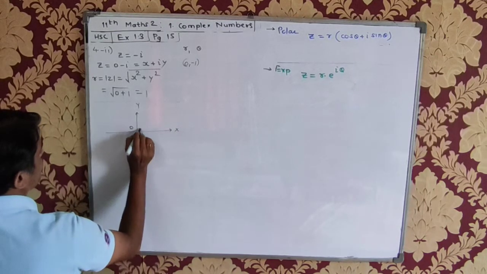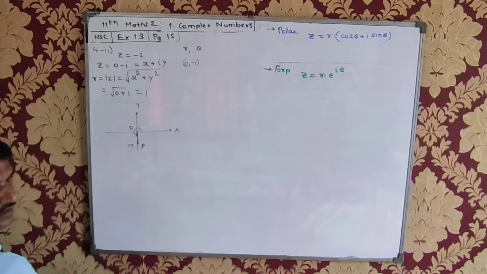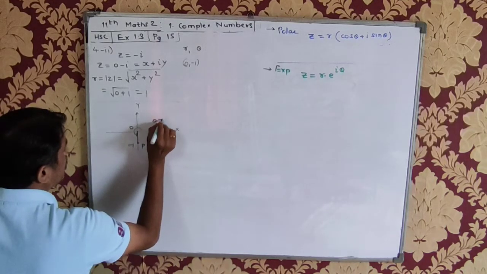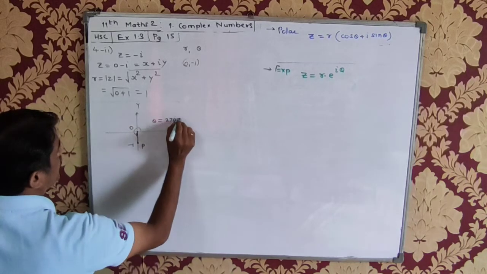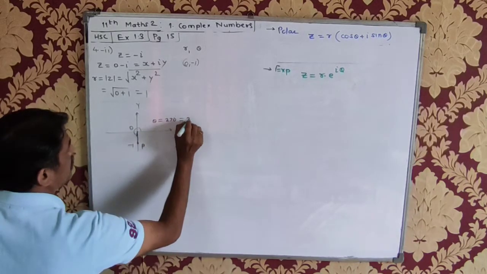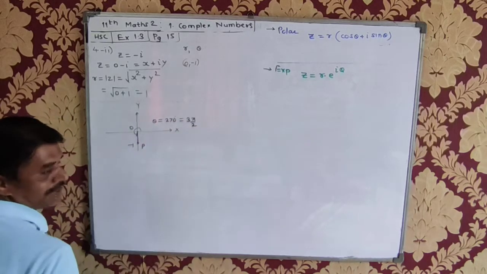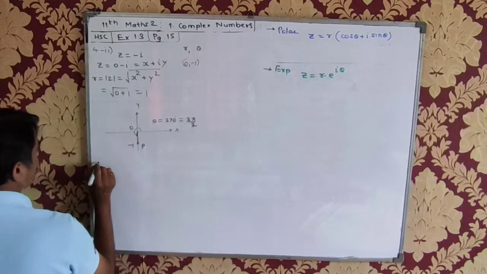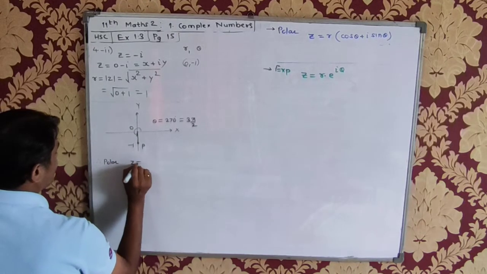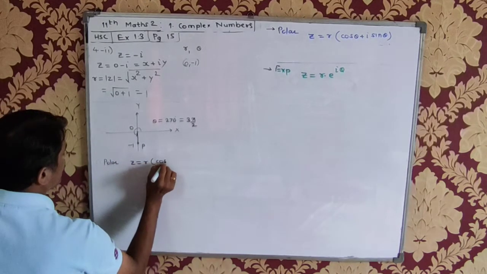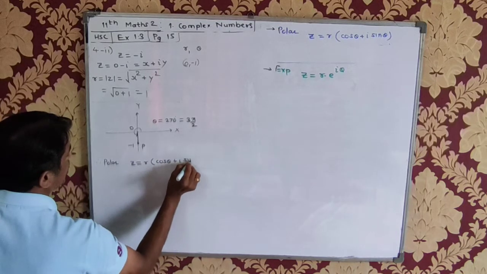So what is the angle? This is the angle. How much angle? 270. Theta is 270 degree, that means 3 times 90, which is 3 pi by 2 radian. Therefore, what is the polar form? Z is equal to R into cos theta plus I sin theta.